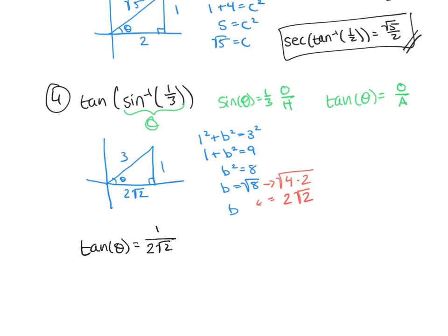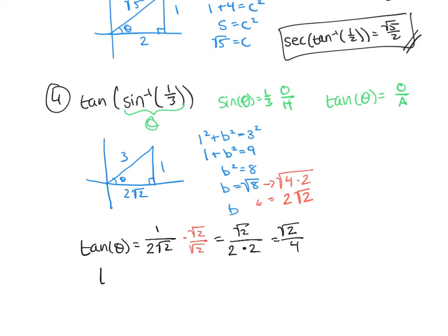Don't like square roots in the denominator, so we are going to rationalize this. We're going to end up with square root of 2 over 2 times square root of 2 times square root of 2, which is 2. Or I guess I can leave it like that, square root of 2 over 4.